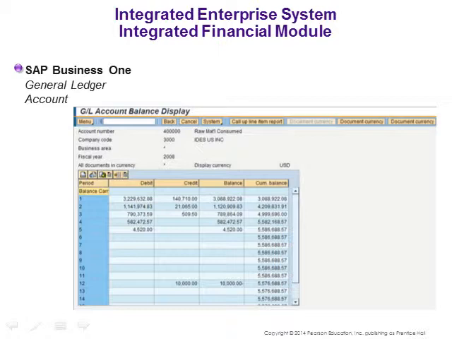And so this is just simply showing if we wanted to query a general ledger account to understand what the balance was, this just simply shows us what that balance is, and it provides us the detail of the debits and credits that are in that account.